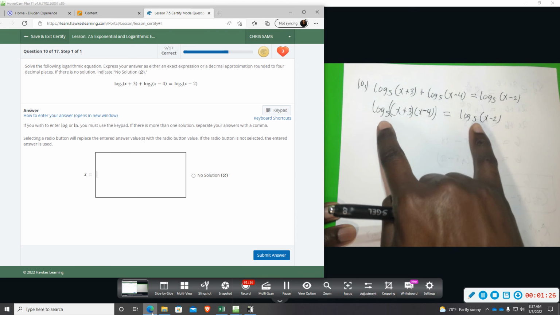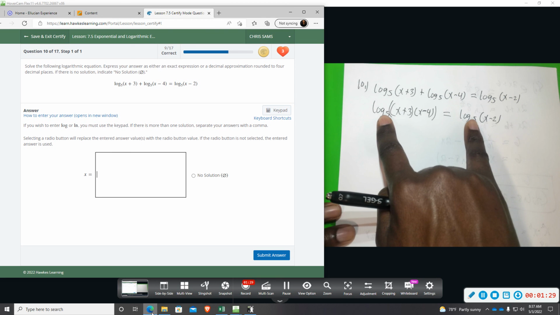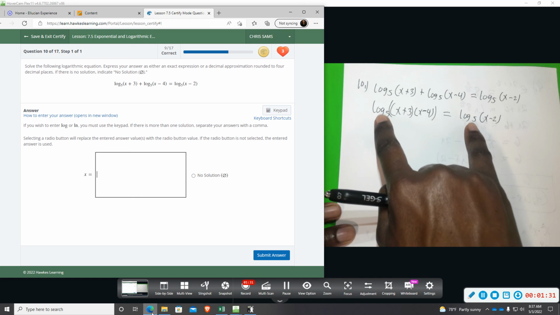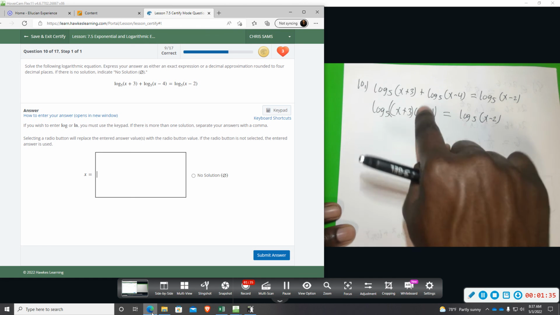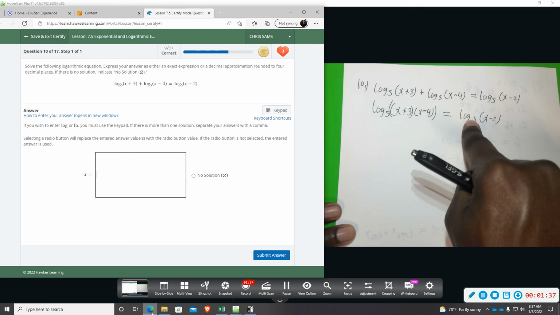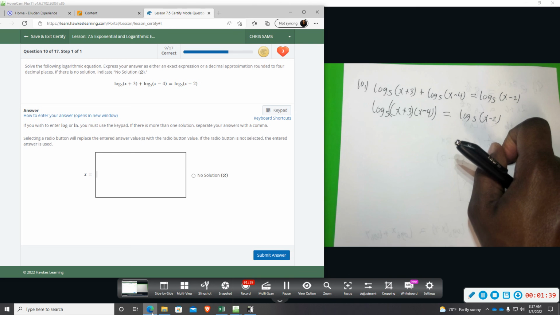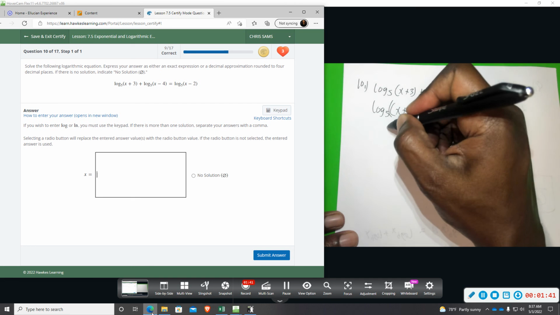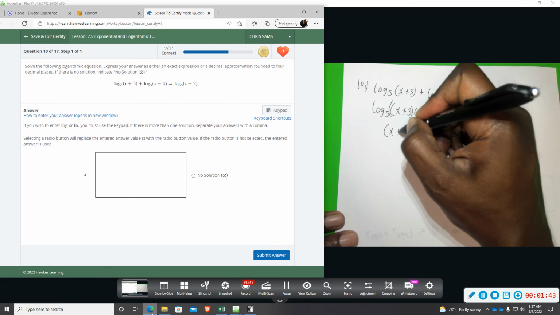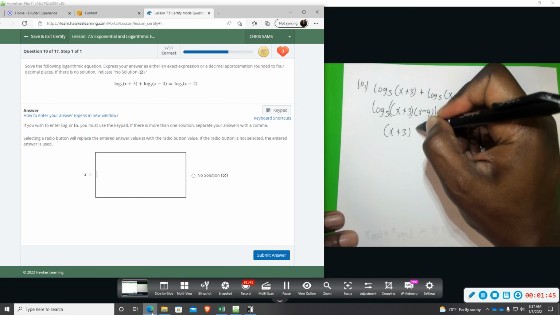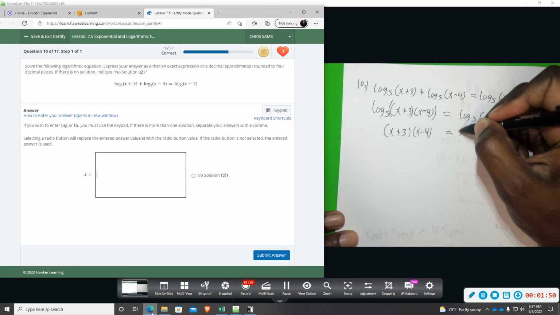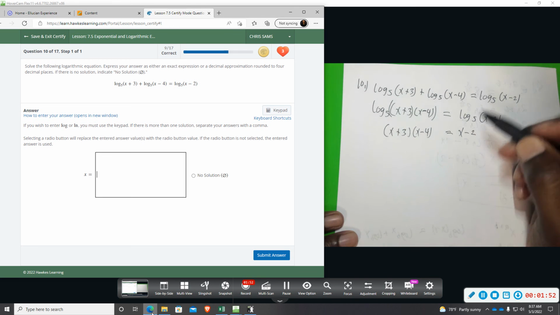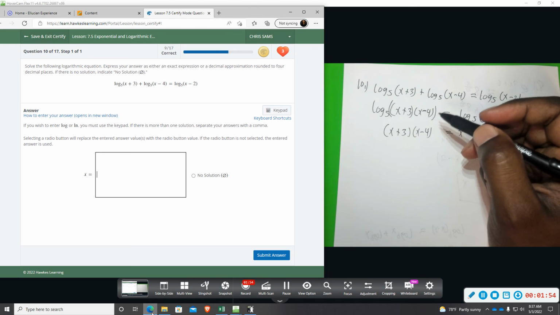Now that we just have one log on both sides with the same base, we're going to focus on making the inner terms equal. So all we have to do is focus on this being equal to this, because the logs are already the same. We're going to FOIL on this side.